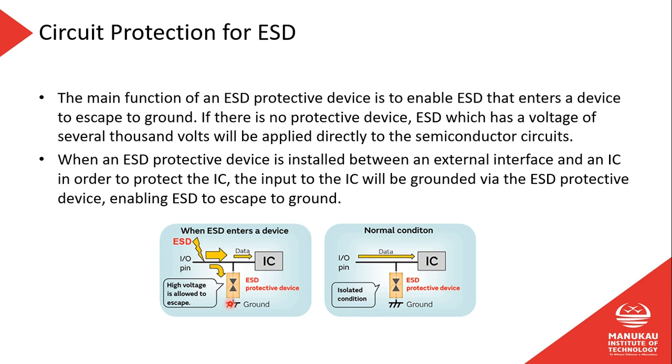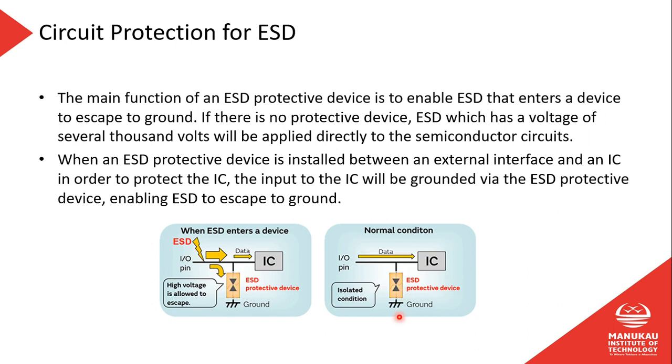We know that a Zener diode in the reverse bias position will conduct when it goes over a certain voltage. So if we had a Zener diode in here that is designed to conduct when the voltage along here exceeds a certain level, that level that's going to damage the IC, then it will conduct and just connect to ground. That'd be a pretty simple way to do that, right?